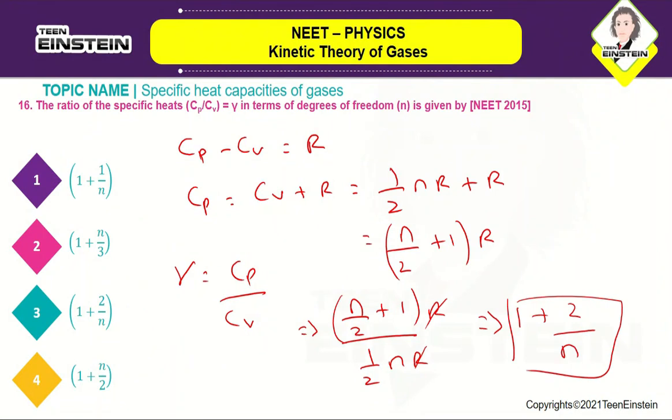So the correct answer is option number 3, 1 plus 2 by n.